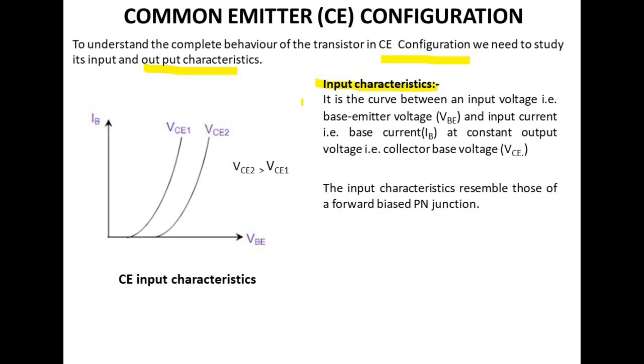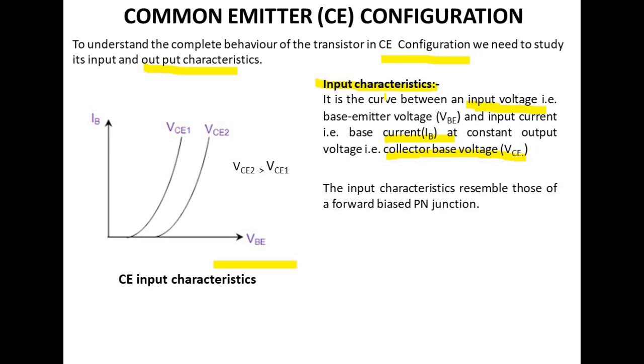In this figure, we see that input characteristics is the curve between an input voltage, and we know that in common emitter the input voltage is VBE, and input current, that is the base current IB, at constant output voltage, that is collector emitter voltage VCE.